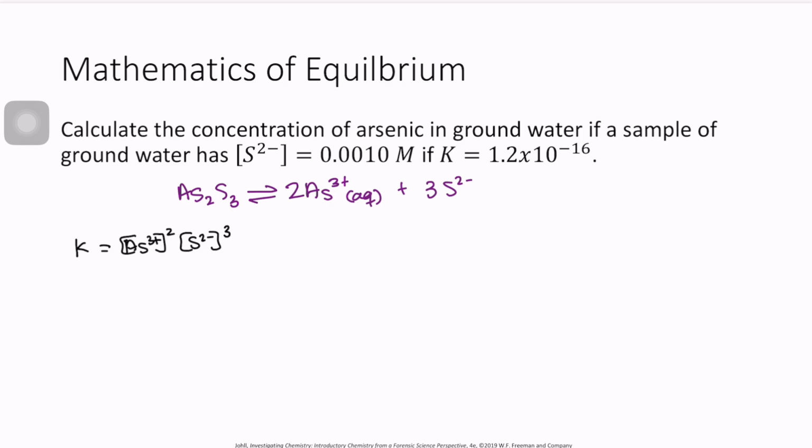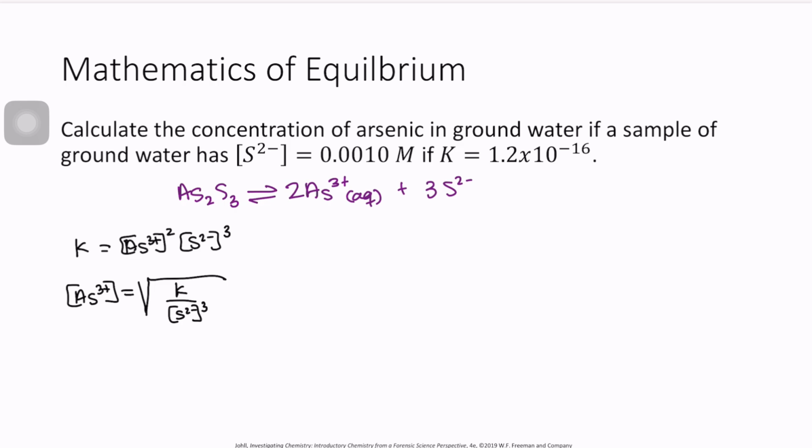I'm trying to solve for the concentration of arsenic. So if I rearrange my equation to solve for the concentration of arsenic, I'm going to get the square root of K over the concentration of sulfide cubed.